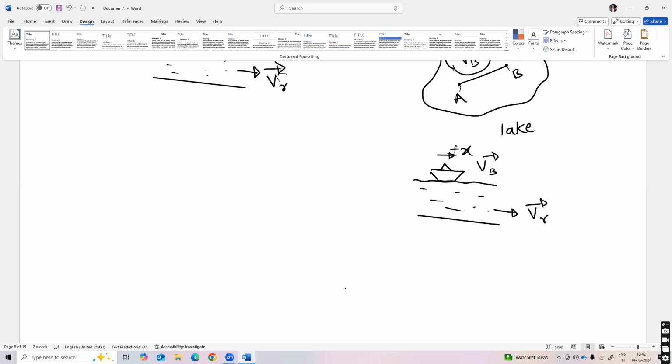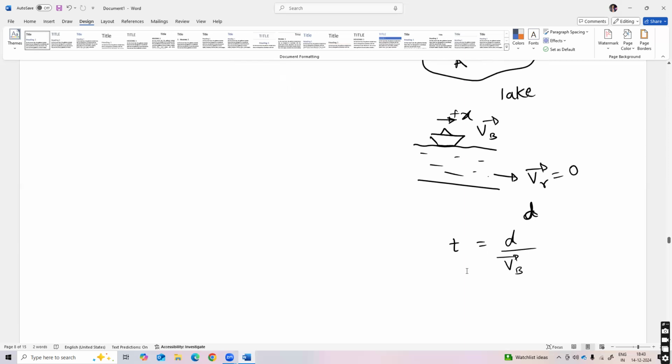In this case, if we have to cover some distance d, then if vr is equal to 0, if the river is stationary, the time required will be distance upon velocity of boat. But in this case, the boat has its absolute velocity. Apart from that, the river is also helping the boat to move in this direction, because the river also has some velocity.